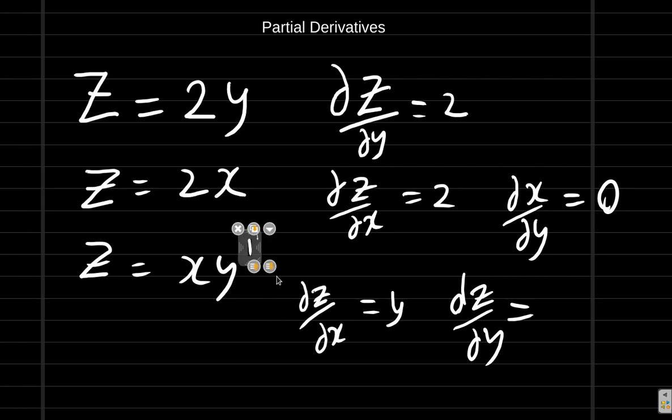So you bring down the 1 in front, and here you reduce the power of y by 1. So it's y to the 0. So when you have y to the 0, it's 1. So it's 1 times x. So using those arguments, what you have is that the partial of z with respect to y would be x. So that's what you have there.